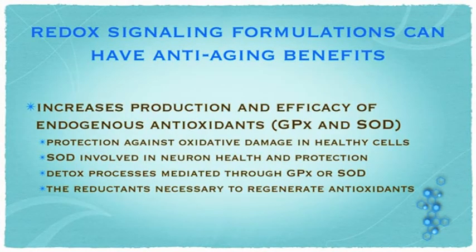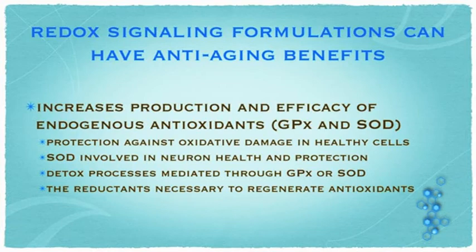Redox formulations have anti-aging benefits by increasing the production and efficiency of our endogenous or internal antioxidants like glutathione and superoxide dismutase. And this protects us against oxidative stress. Superoxide dismutase is involved in neuronal health in particular and protection of our nerve health. The detoxification process is all mediated through these powerful antioxidants.